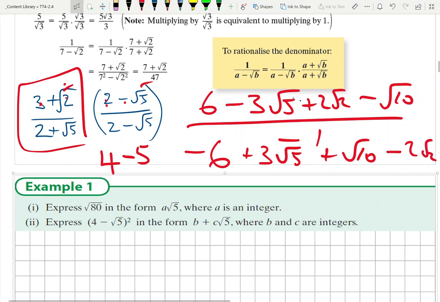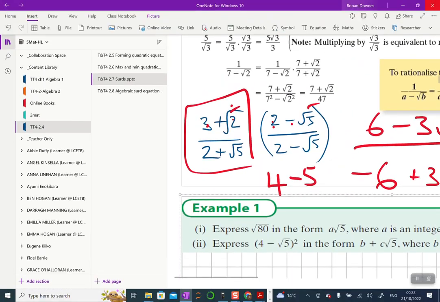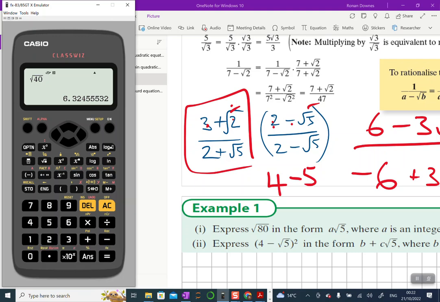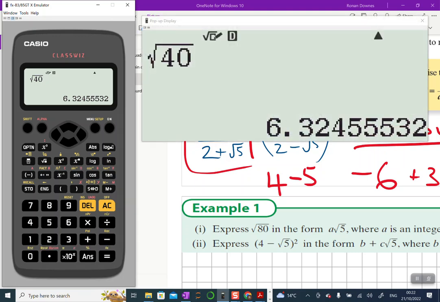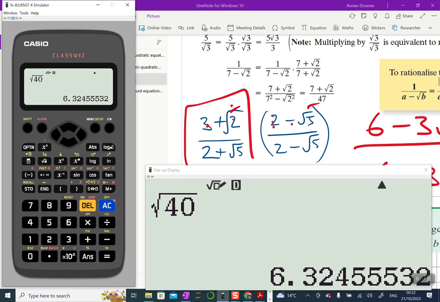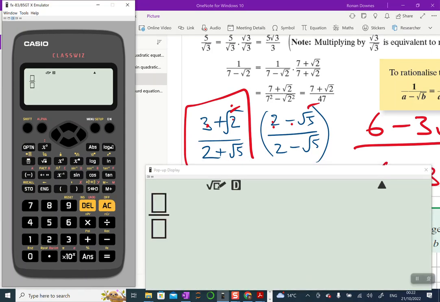We'll see. The calculator may just give us a decimal, but we'll give it a go and see what happens. We're going to put what's in the red box into the calculator. So we got our fraction bar 3 plus square root of 2, 2 plus root of 5.